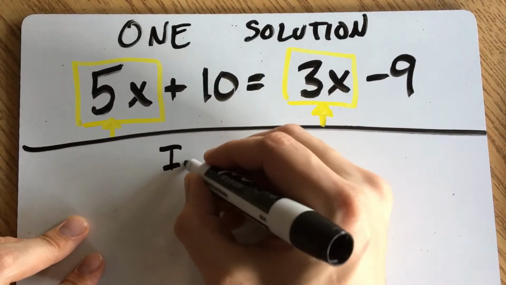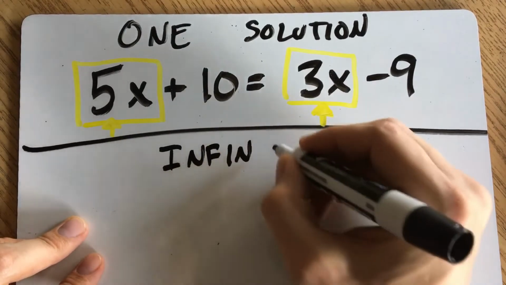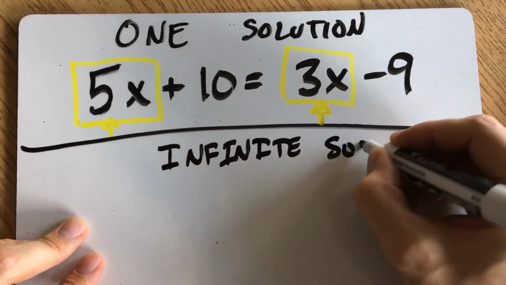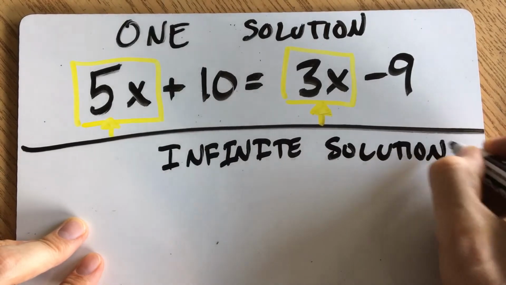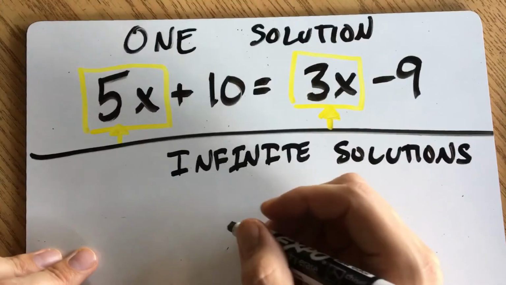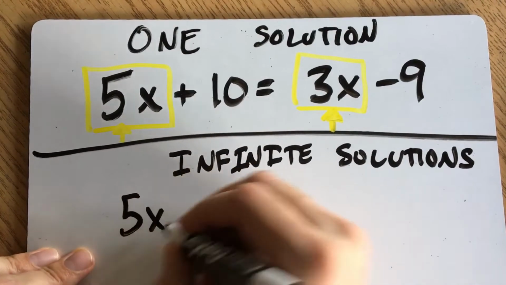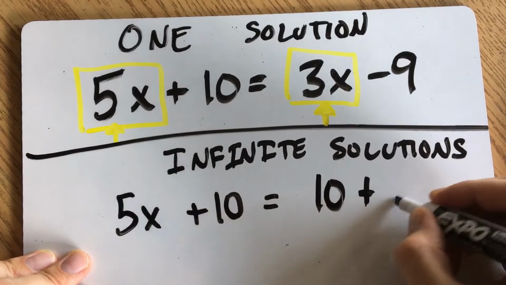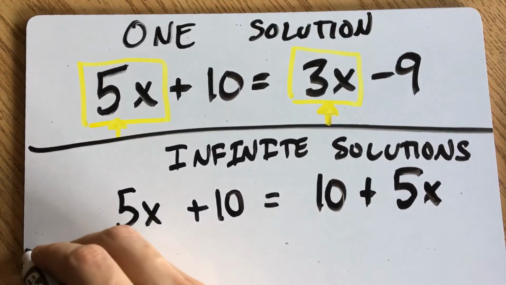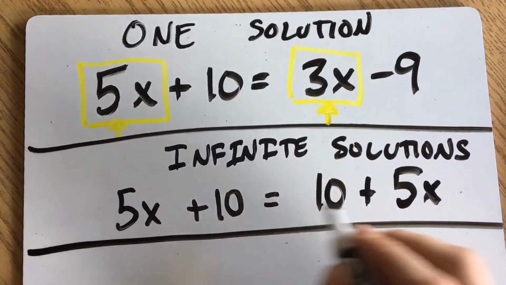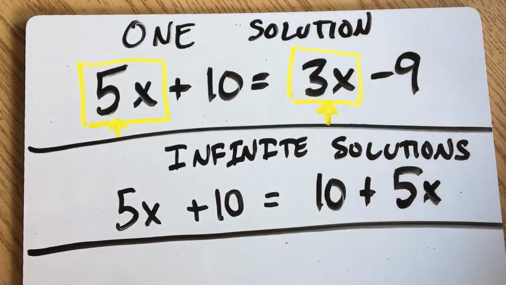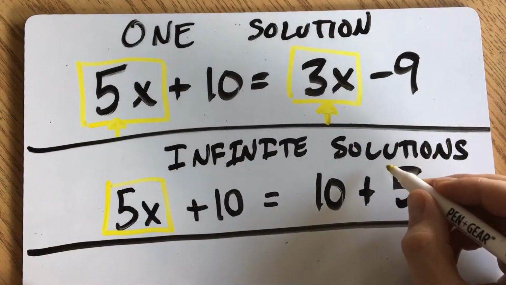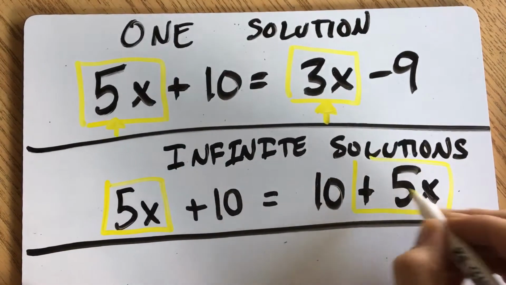If you have infinite solutions, like the one we just saw, you end up with a different scenario. When it's infinite solutions, you would have the exact same thing on both sides, and sometimes they'll flip the order. You see how this is the exact same thing? 5 plus 10x is the same thing as 10 plus 5x, right? You have the same amount of variables, positive 5x and positive 5x.